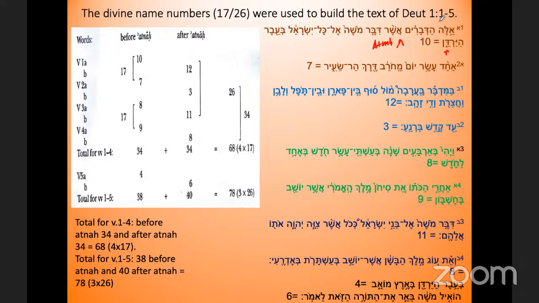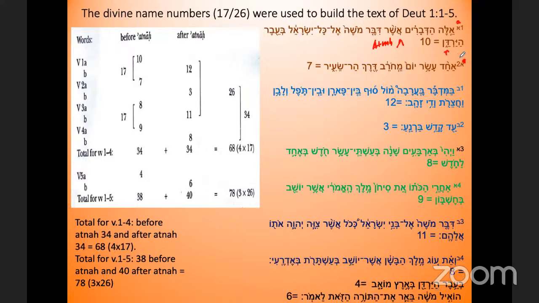So the verse 1 before the Atna and verse 2 before the Atna are matched together numerically. So verse 1a, I put Aleph, but it's really A. And then 2a you see here. So in verse 1, there are 10 words because we're counting words.